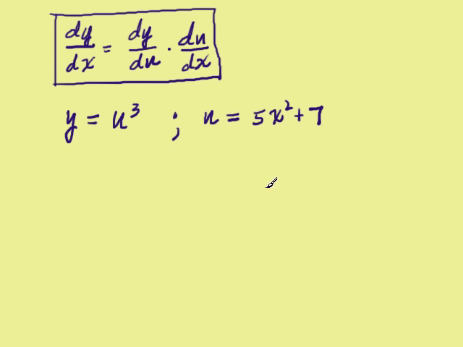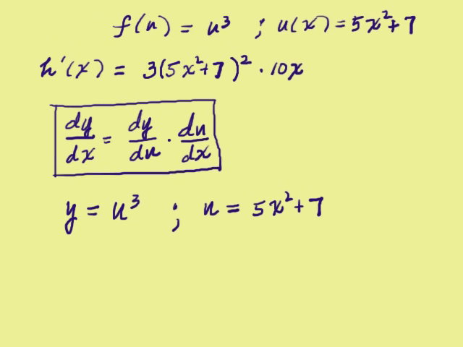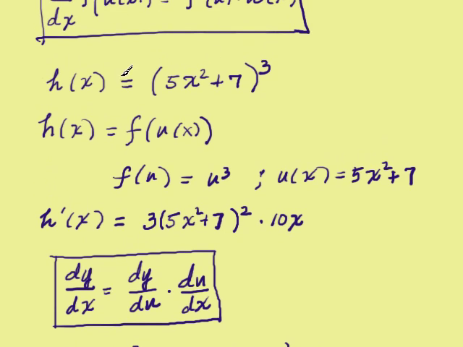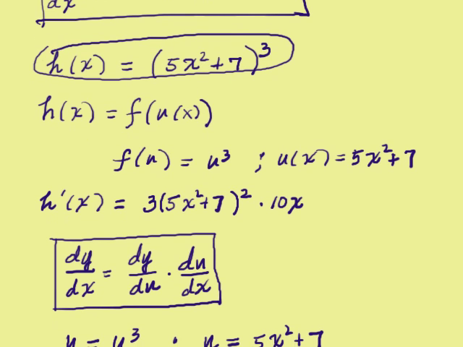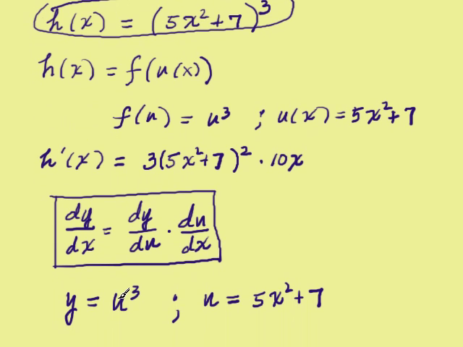All right, so I said I'm going to rewrite this function h of x. Here was h of x. And here we have the function written a different way. Here we say that y is equal to u cubed, but u is equal to 5x squared plus 7.